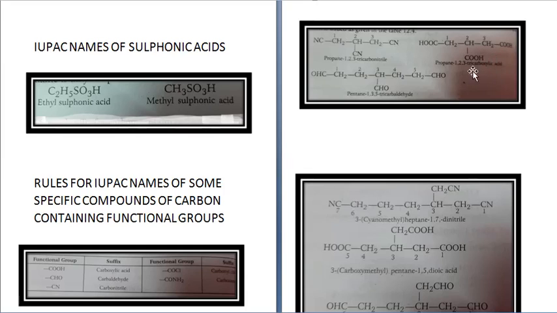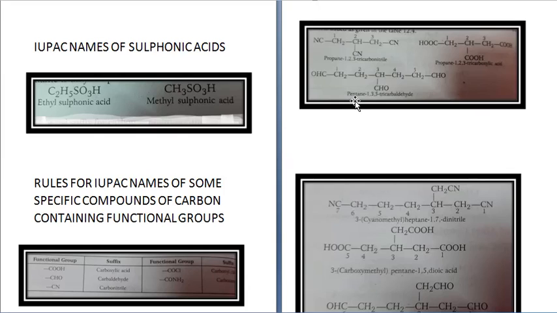In this case, CH3N(CH3)C2H5. So the one long parent chain will be C2H5. It will become ethanamine, and both methyl groups are attached to nitrogen, so it will be N,N-dimethyl ethanamine. Alright, so these are the tertiary amines.